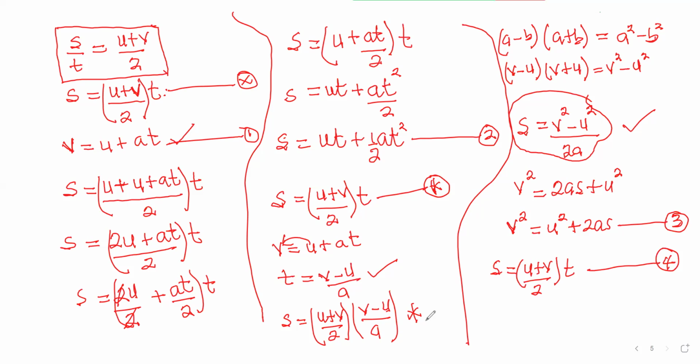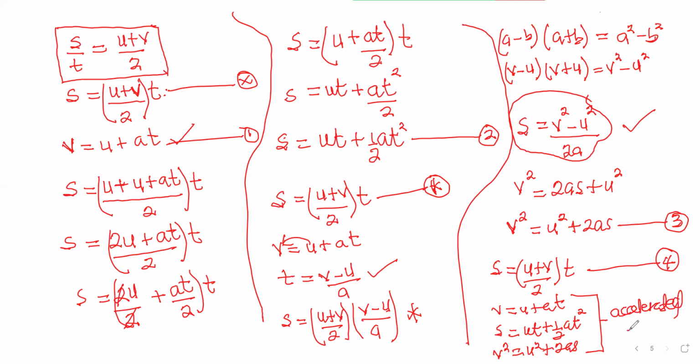But the three main equations are: equation 1, V is equal to U plus at; equation 2, S is equal to ut plus half at squared; and equation 3, V squared is equal to U squared plus 2aS. These are the three equations used for uniformly accelerated motions. Meaning, if the motion is not uniformly accelerated, ladies and gentlemen, you cannot use them.